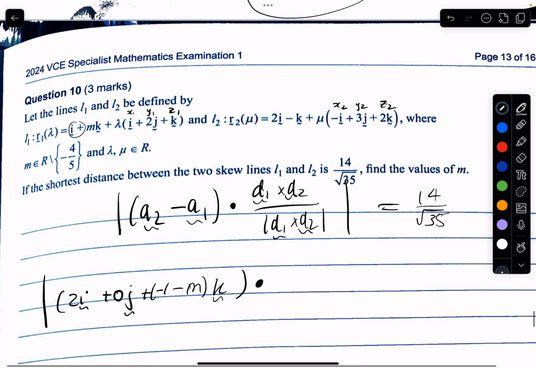So on the top we've got y1, z2, so 2 times 2, which is 4i, minus y2, z1, 3, so that's just 1i.